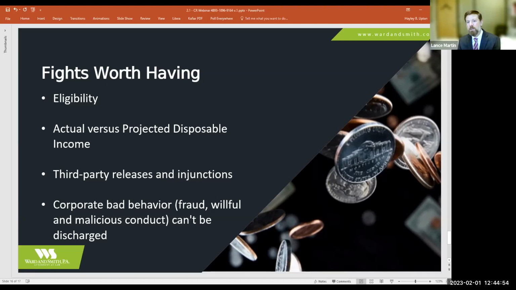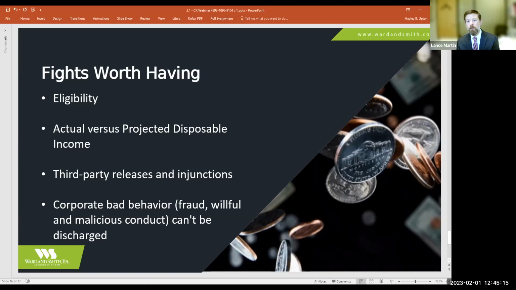And what we are seeing is that debtors' attorneys will file their Subchapter 5 case for the entity, and the entity's borrowed money from you, and then you've also obtained a personal guarantee from the owner or the members.